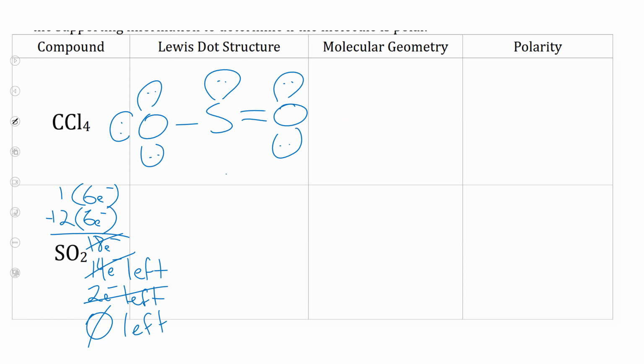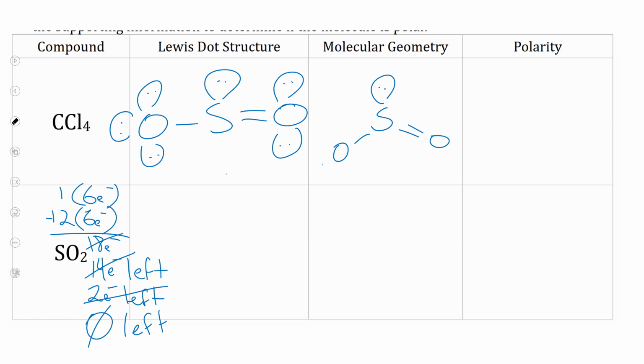All right, what's our electron geometry look like then? What's our basic shape? How many things do we have taking up space around the sulfur? So we have three things taking up space. I'm actually not going to draw the lone pairs on the oxygen because they're not going to affect the shape of the sulfur.